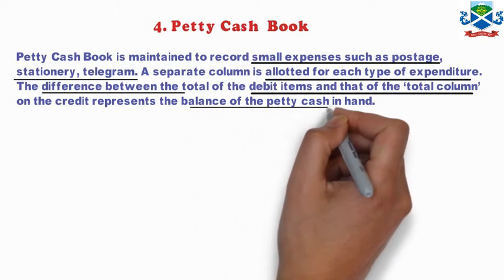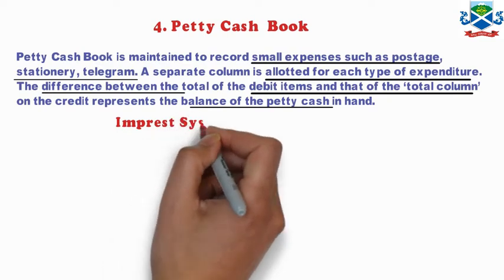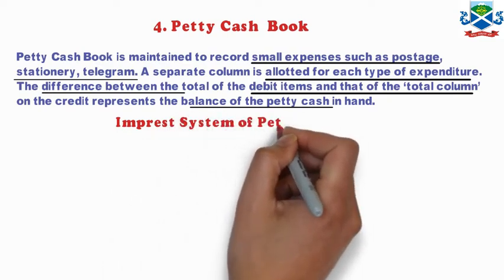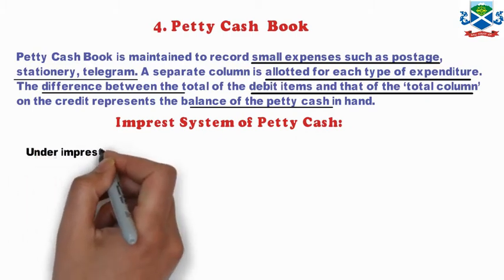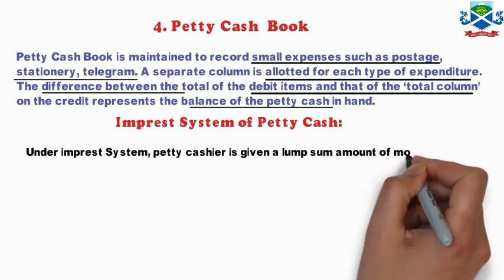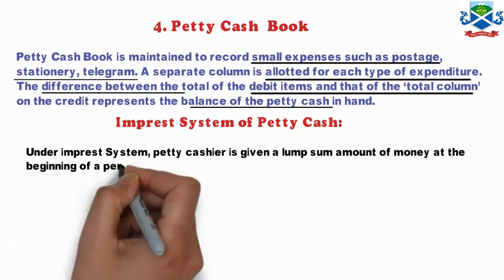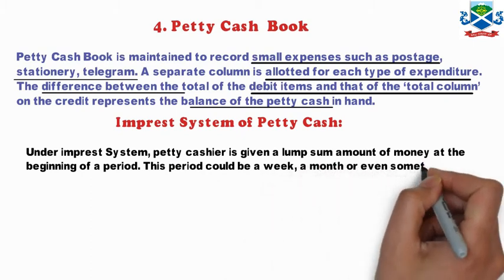Every organization prepares this petty cash book to meet these petty or small expenses instead of entering them every time in the cash book. So it reduces the work burden in the cash book, and avoids making the cash book bulky with a bigger volume. The imprest cash balance is another part of the petty cash system.